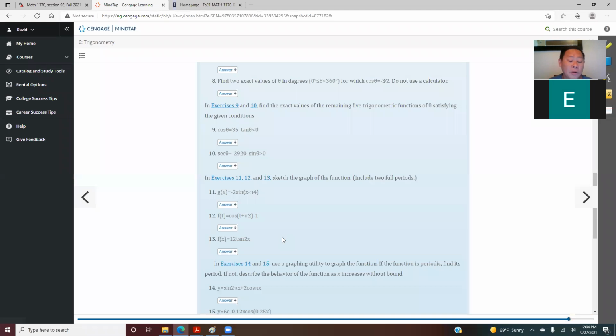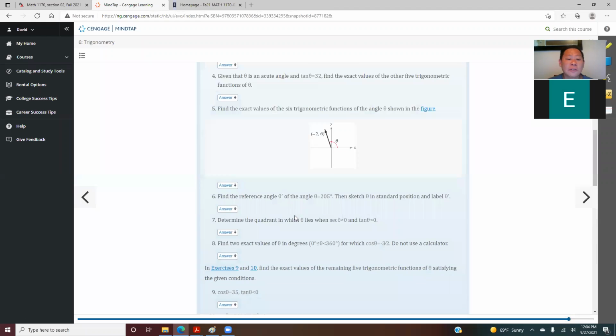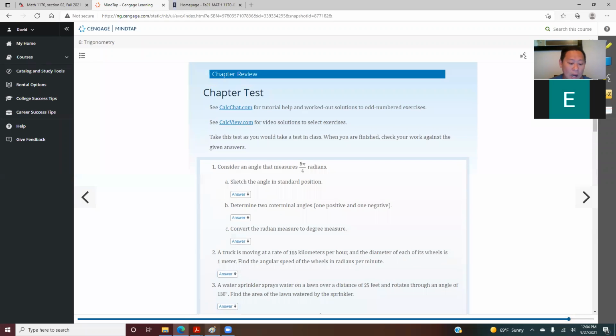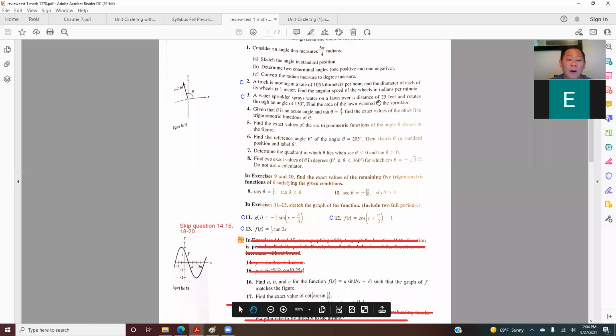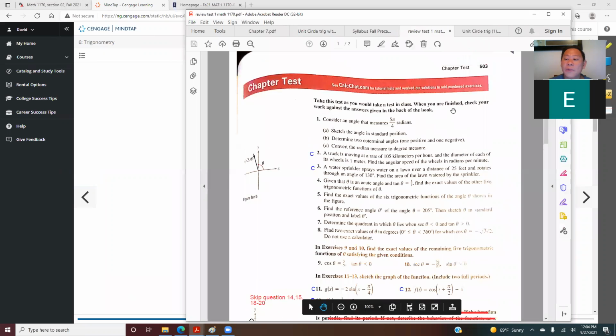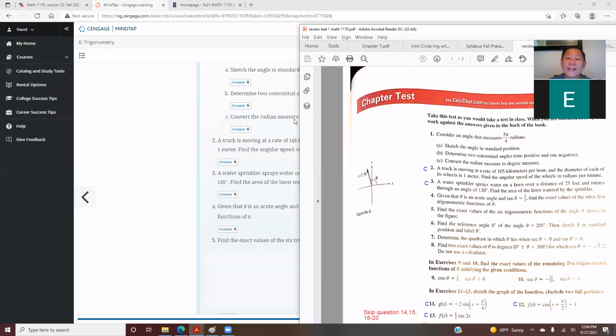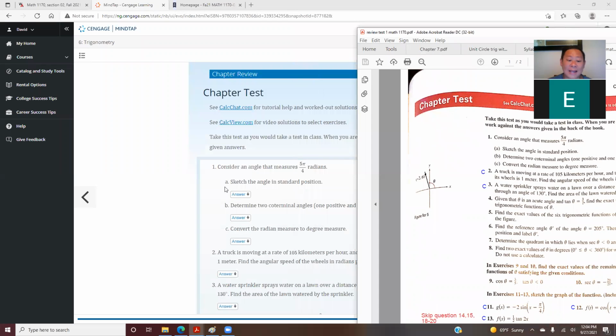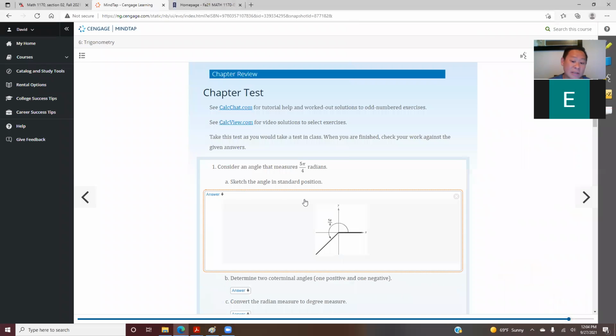If you go to chapter 6 and open the chapter test, these are exactly the same as your review. The first question is 5 pi over 4. I just got this from your textbook, and it is exactly the same as your review here. See, this is 5 pi over 4, and A, B, C are exactly the same. If you click on here, that's your answer.